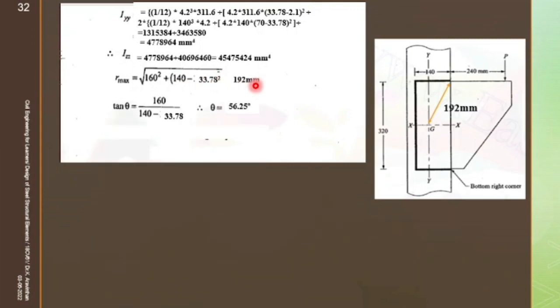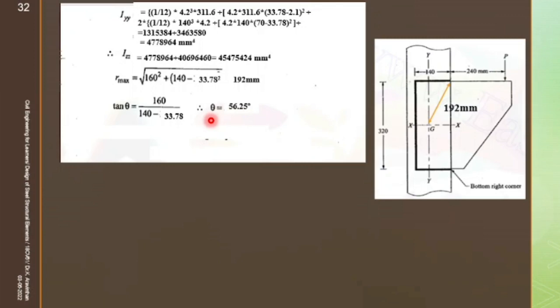And for finding IZZ, you add IXX and IYY. You will be getting this IZZ. For finding the radius, I said root of 160 square plus 106, some value you got. If you square it, you will be getting 192. How to find theta is, you should find tan theta.